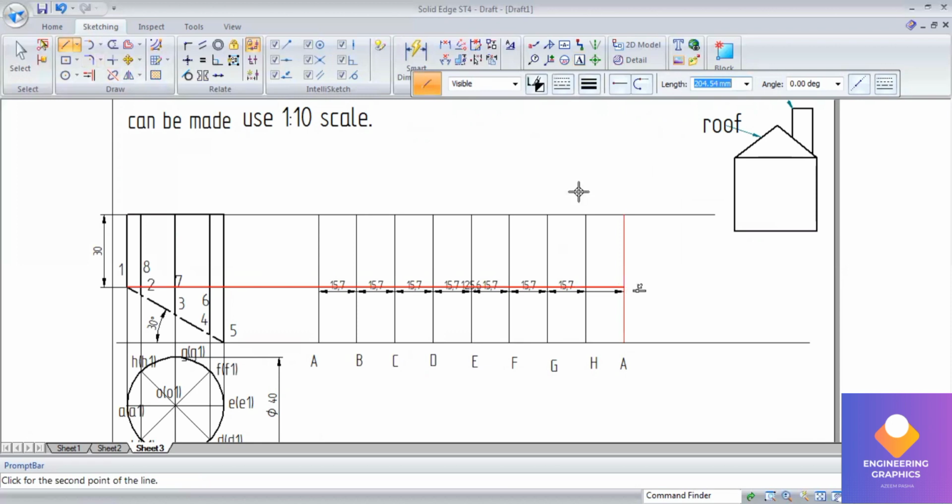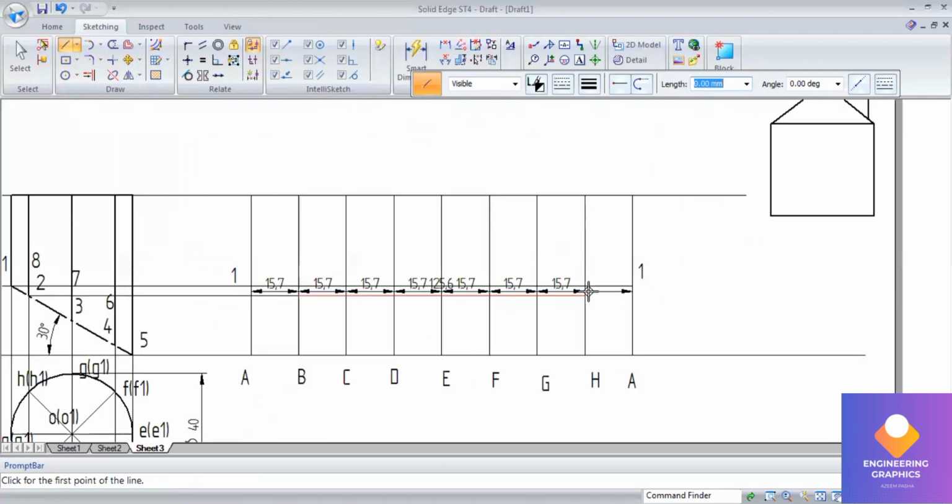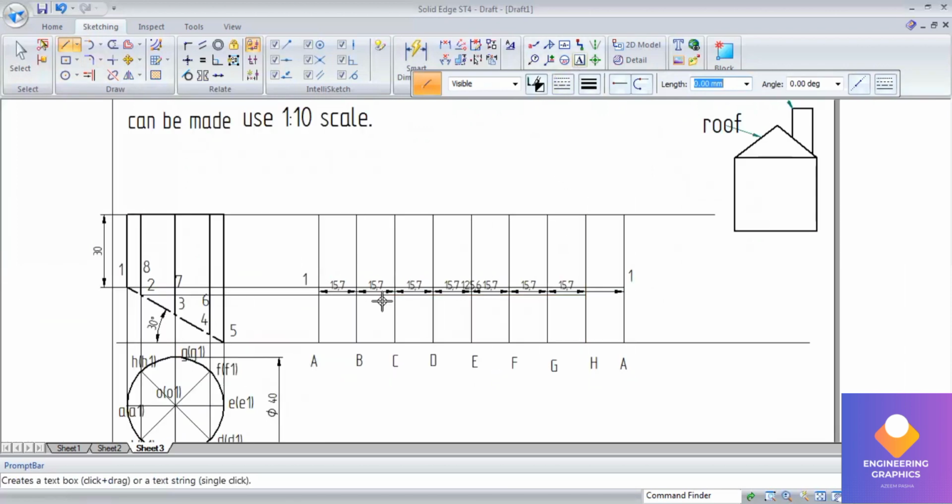One should be there on the vertical edges of A and E. Then 2 has to be there on B and 8 should be there on H. So you mention it in order to avoid confusion.